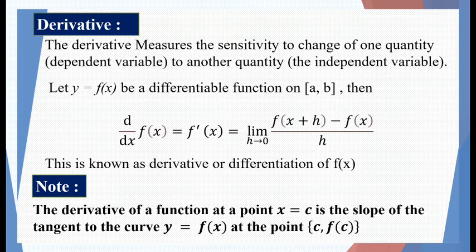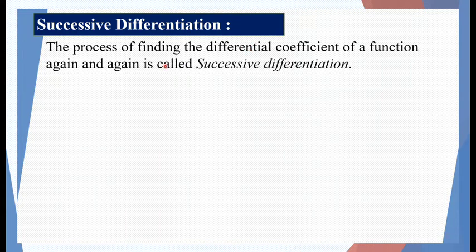c, f(c). Successive differentiation. What does it mean? Successive means continuous, step by step. It means the process of finding the differential coefficient of a function again and again is called successive differentiation.